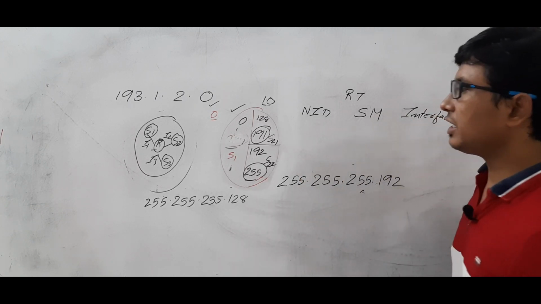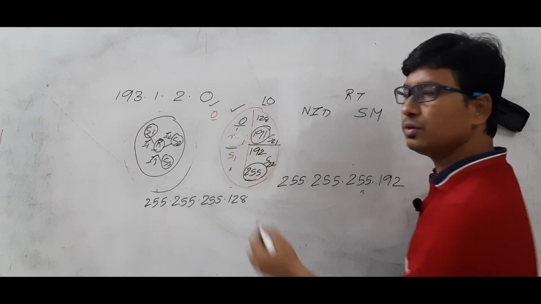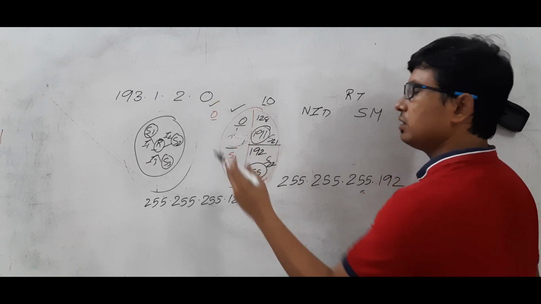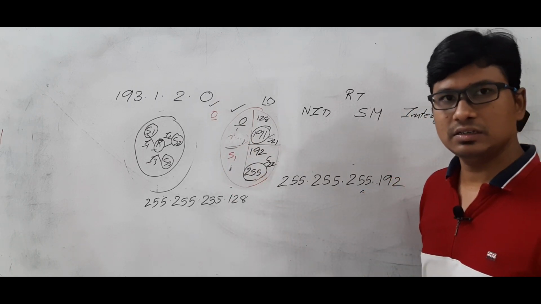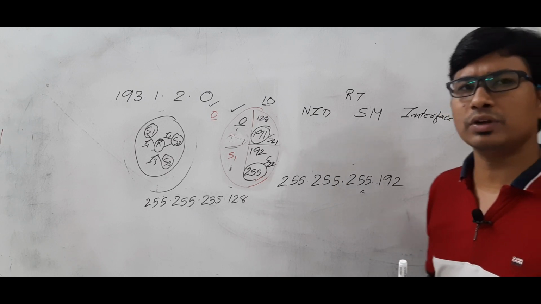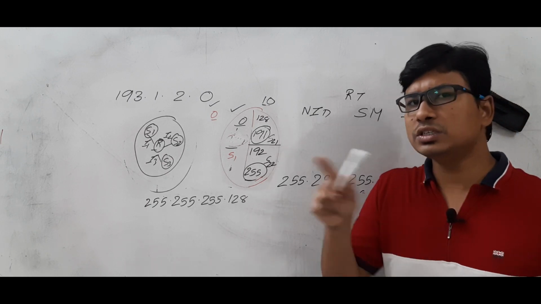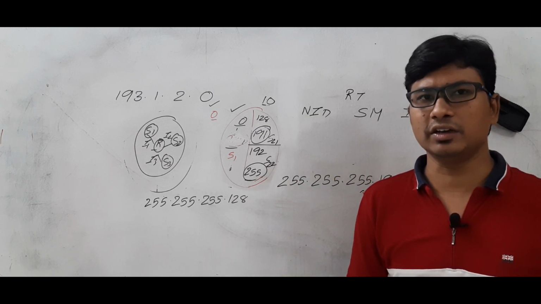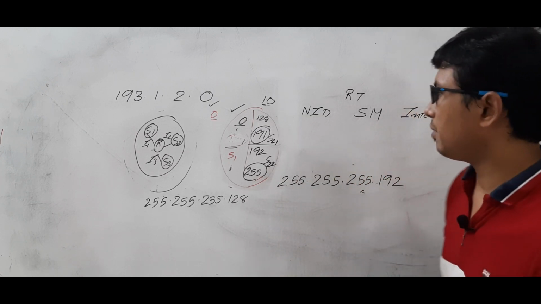What is the network ID for this one? As you already know, the first IP address in the subnet will act as the subnet ID or network ID. How will we get the network ID or subnet ID? In the host ID bits, if you keep all zeros, then you will get the network ID or subnet ID. Am I right?